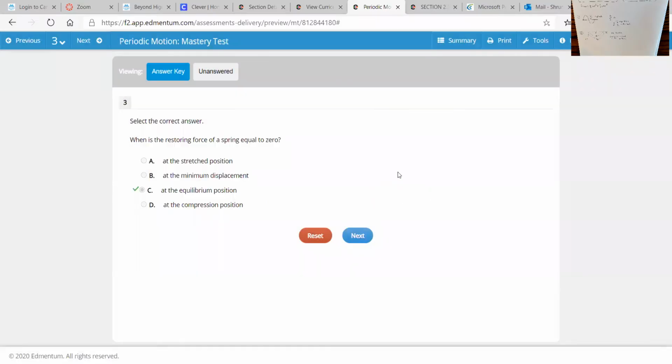So good, number 3. When is the restoring force of a spring equal to 0? So remember Hooke's law. According to Hooke's law, the restoring force equals negative kx.